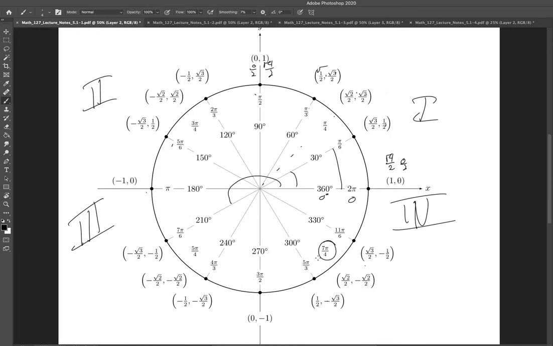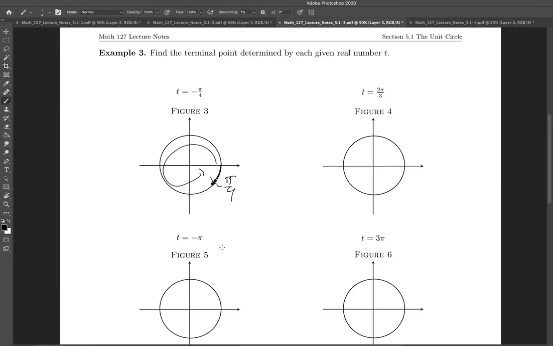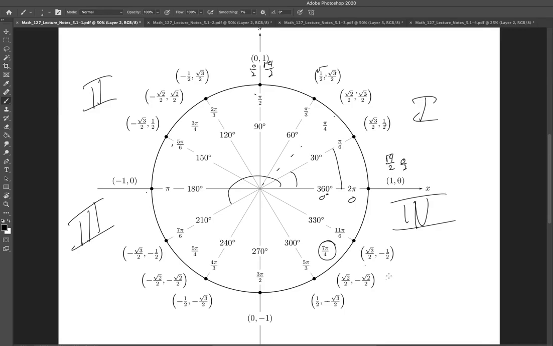That's 7 pi over 4. Or I could just take 2 pi minus pi over 4, and that will give me 7 pi over 4. So these give the same answers, and we just look around our little table here.